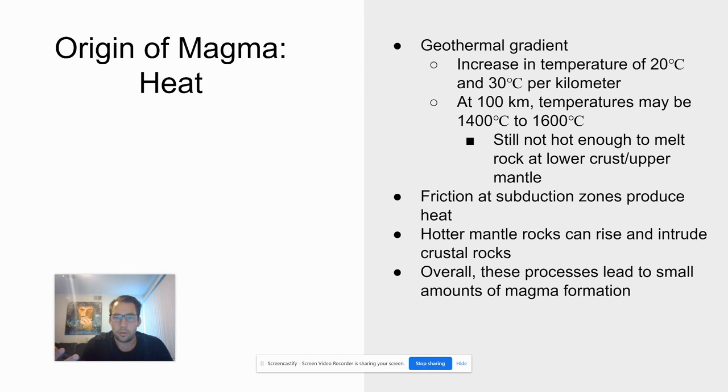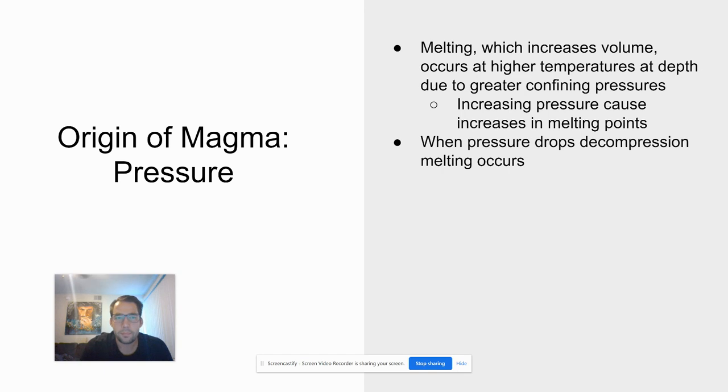Part of it might be due to friction at subduction zones that produce heat. It might be because hotter mantle rocks can rise and intrude crustal rocks, but just the geothermal gradient, the fact that it heats up as we get closer to the center of the earth, is part of the reason for the formation of magma.